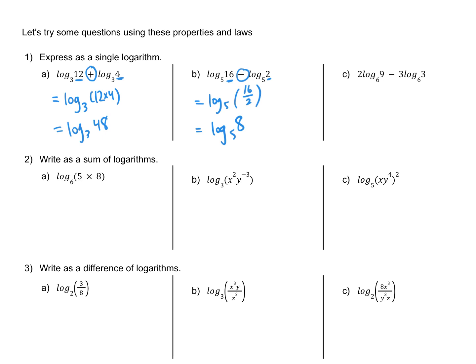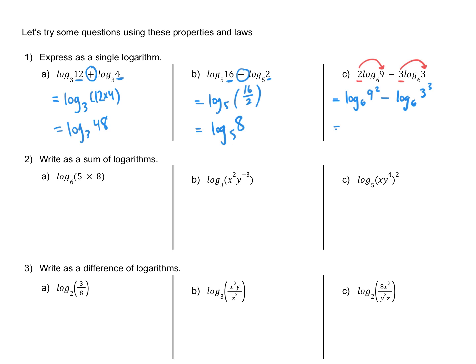And finally, the last one, I notice that I have some coefficients here. So before I can unite these logs, these coefficients have to come up as exponents. So this is going to be log base 6, 9 to the power of 2, minus log base 6, 3 to the power of 3.